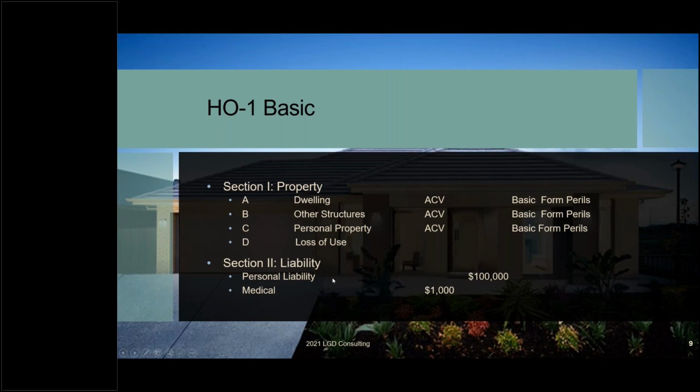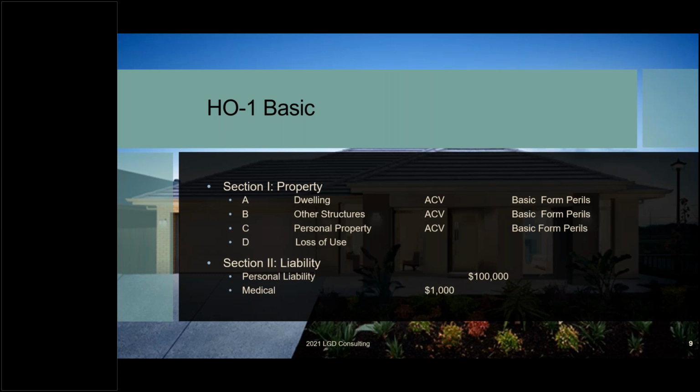A lot of people say, "Well, I'm a renter, I don't need as much liability coverage." Do you think a renter has less to sue for than someone who owns a home? That renter is saving up money to buy a home and has a great job with good earning potential. If they hit someone or injure someone, they can get sued.